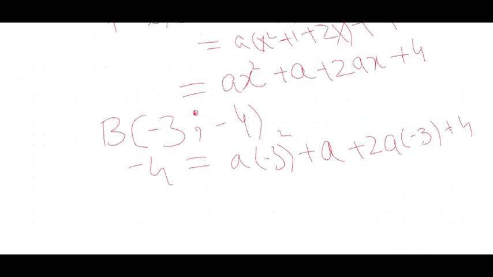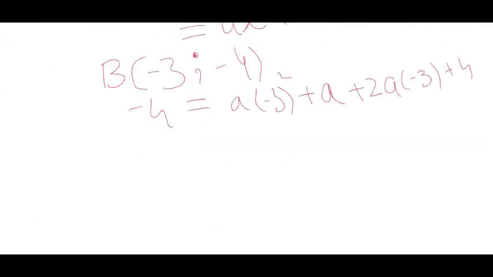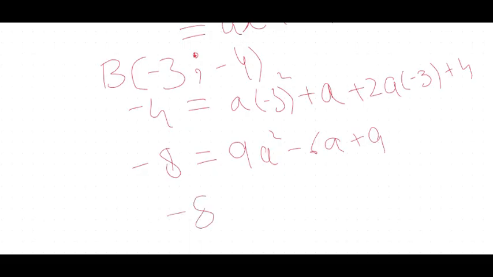So what do we have to get? We have 9a squared, then minus 6a plus a, and over here minus 8. What we have to do is set minus 8 equal to 9a squared minus 5a.